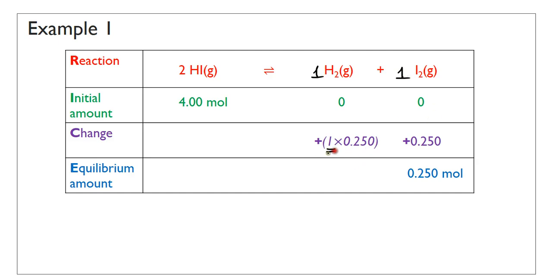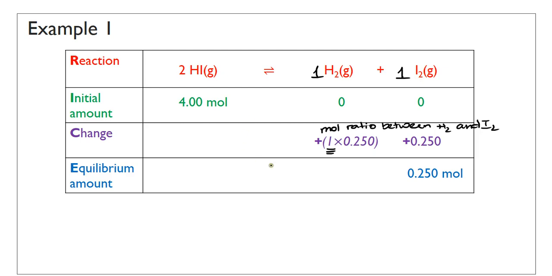So you have to obey mole ratio in the change row. This is the mole ratio between hydrogen and iodine. So if iodine goes up by 0.25, hydrogen has to also go up by 0.25 because of a 1:1 mole ratio in the reaction.